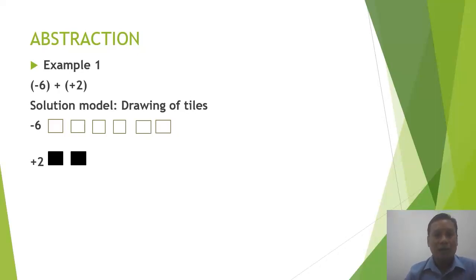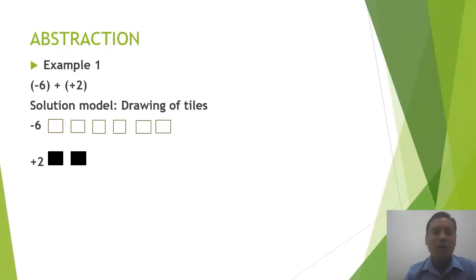Okay, here are the examples. Let us add negative 6 and positive 2. So you represent negative 6 with 6 tiles, 1, 2, 3, 4, 5, and 6. And since that is negative, leave it unshaded, white tile. To represent positive 2, we have 2 tiles, then blacken each tile, that is positive.